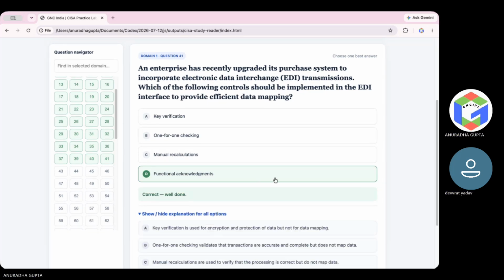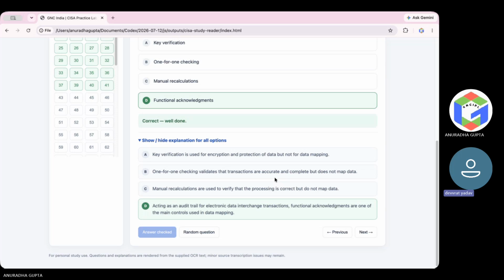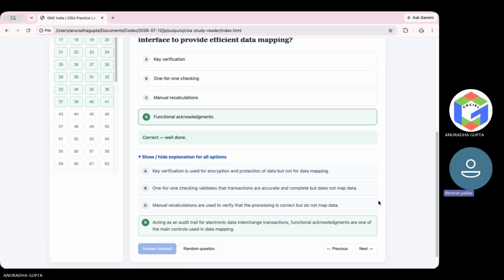For this, I have to make notes. This I would have definitely made wrong, 100%. Key concepts are essential for encryption and protection of the data, but not for data mapping.